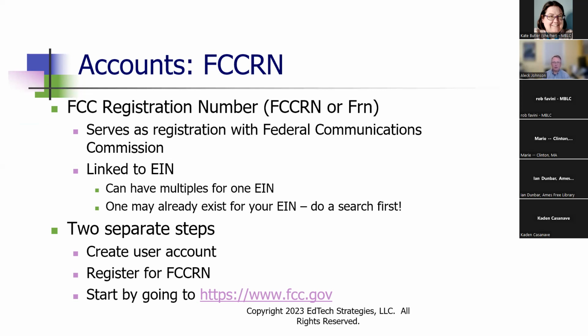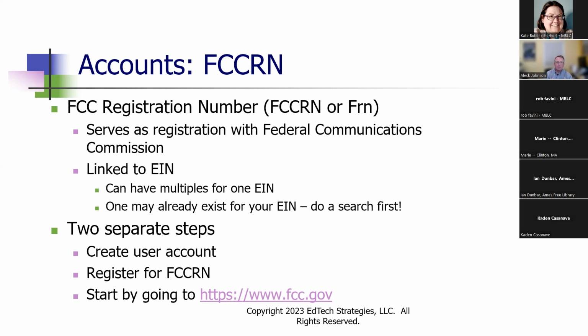The whole point from an E-rate perspective is to get a unique identifier, that FCCRN, which you then need linked to your library. That's the whole reason we go through this, because you need this number in order to apply for E-rate. Your FCC registration number is linked to the employer identification number, or EIN, for your library.